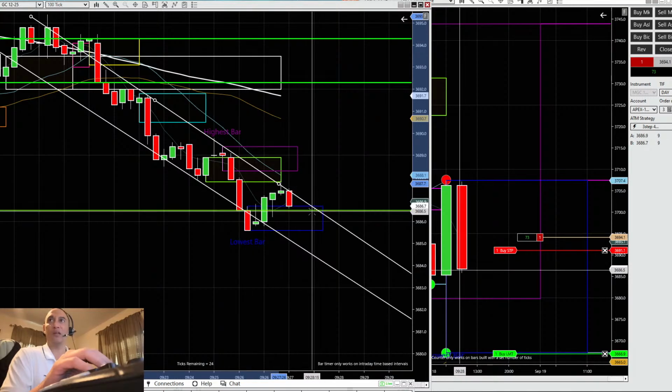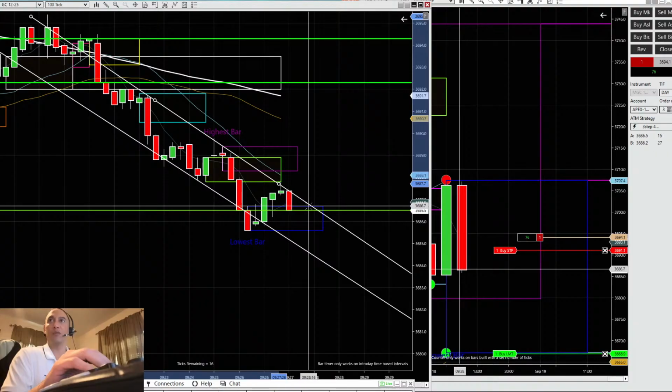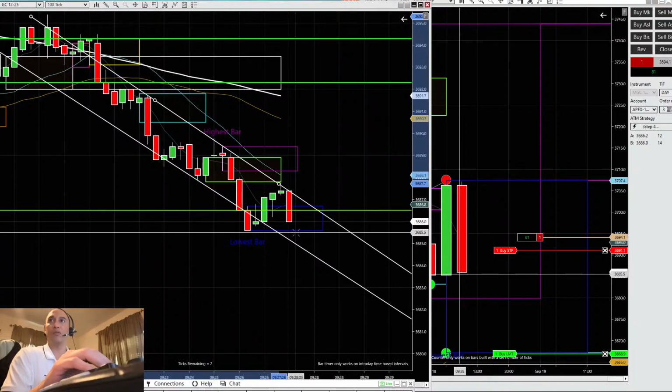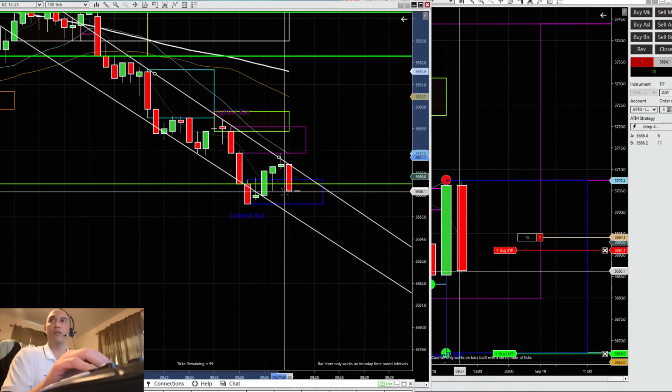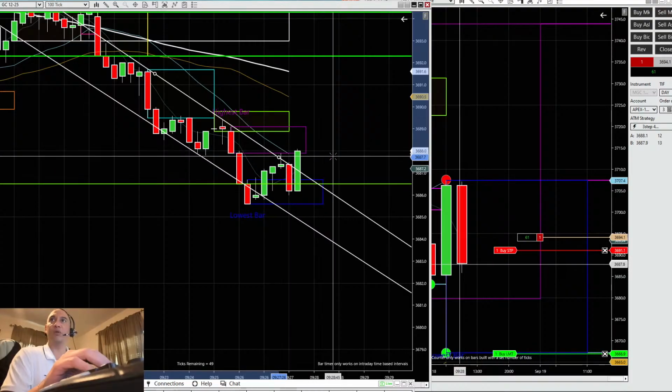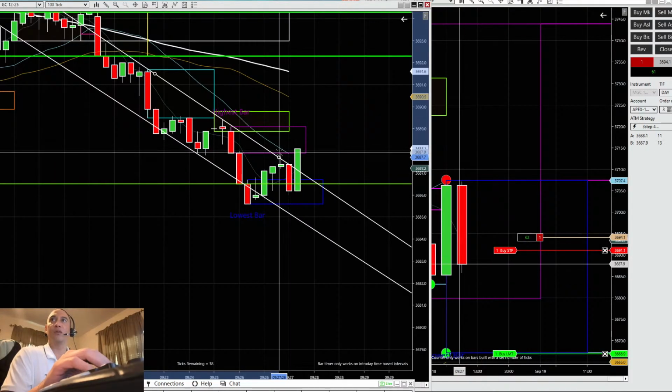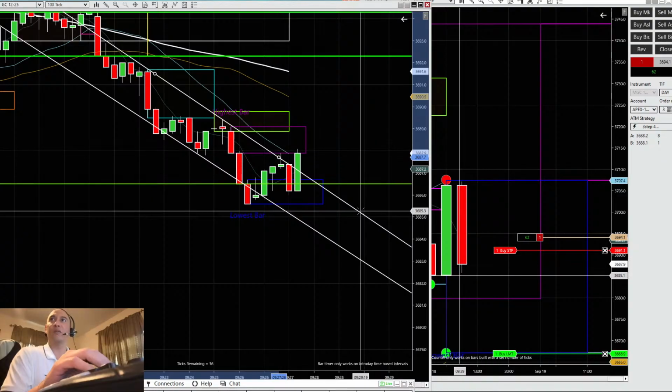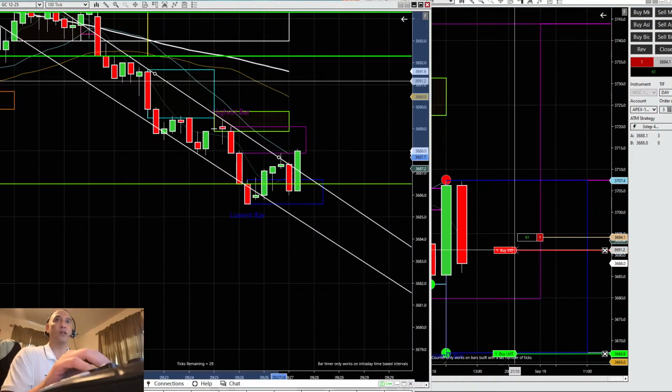Could be rejecting there. It's going to push through. Got the bottom of the box here. So yeah, it did kind of help reject it there. Now it's pushing back into this purple. It just broke the high of this last wick there. It's basically coming for me, it looks like.